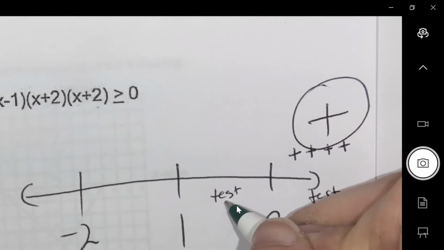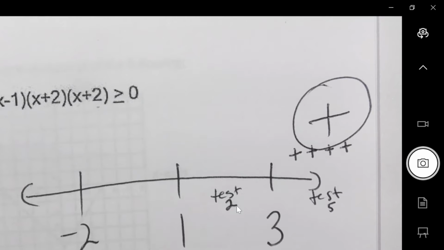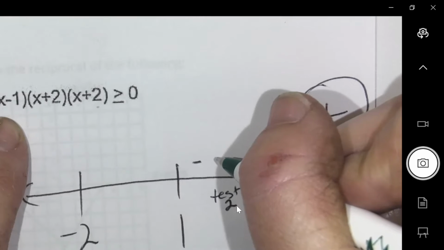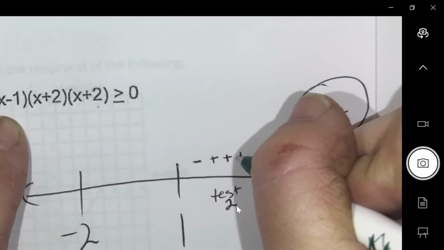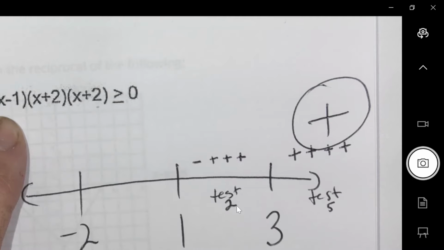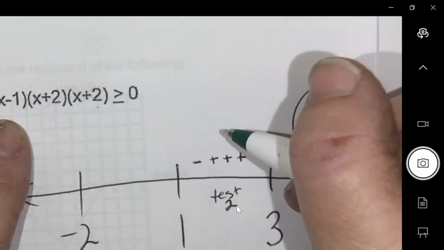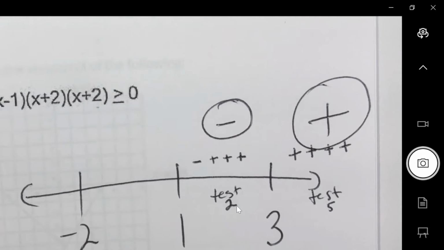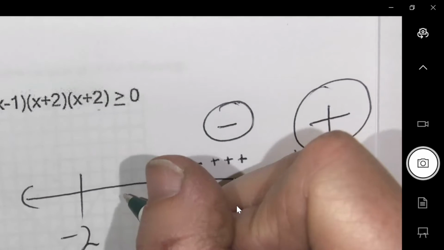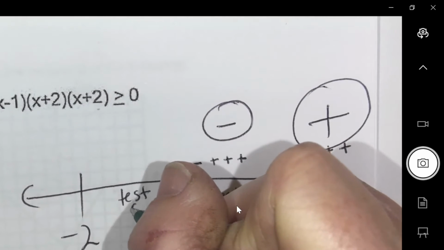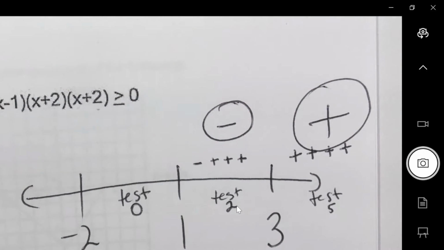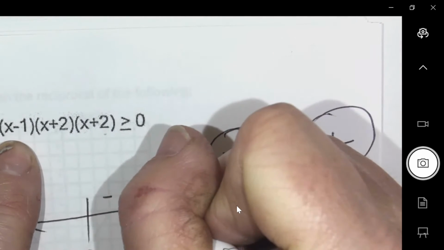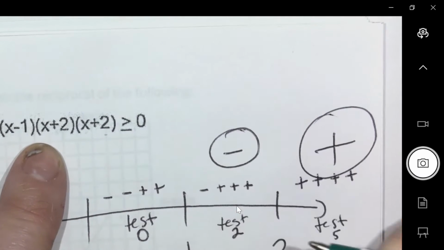I'm going to test 2. 2 minus 3, negative. Positive, positive, positive. 1 negative is negative. I'm going to test 0 in this zone. So 0 minus 3, negative, negative, positive, positive.